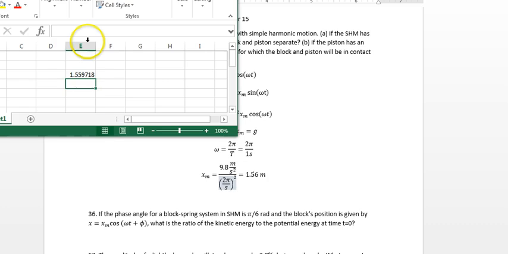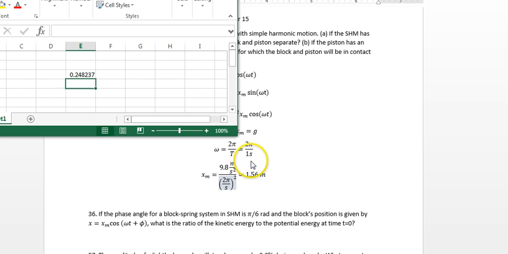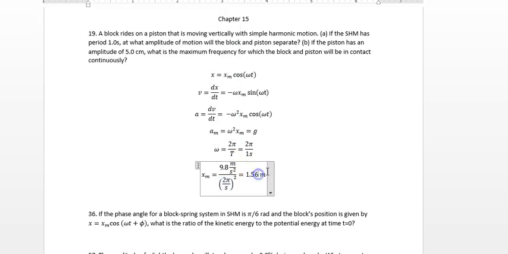Here's a great thing about Excel. So the amplitude is 0.25.